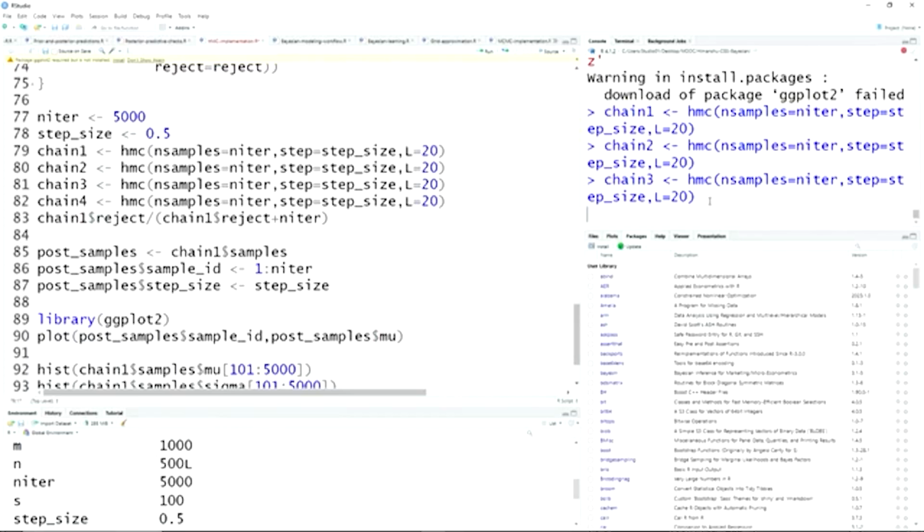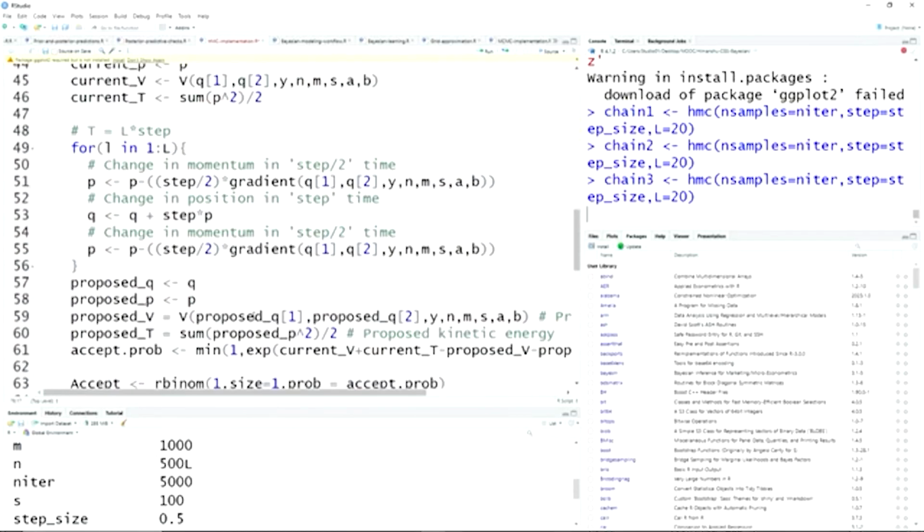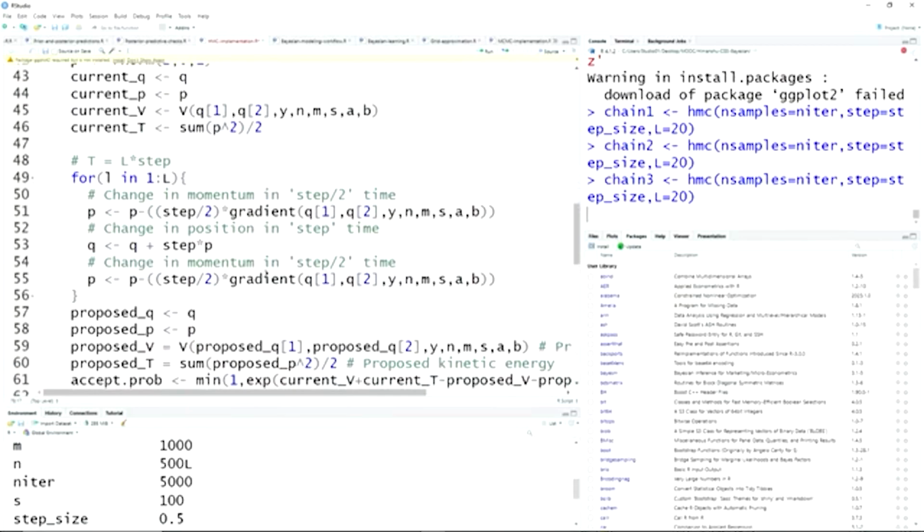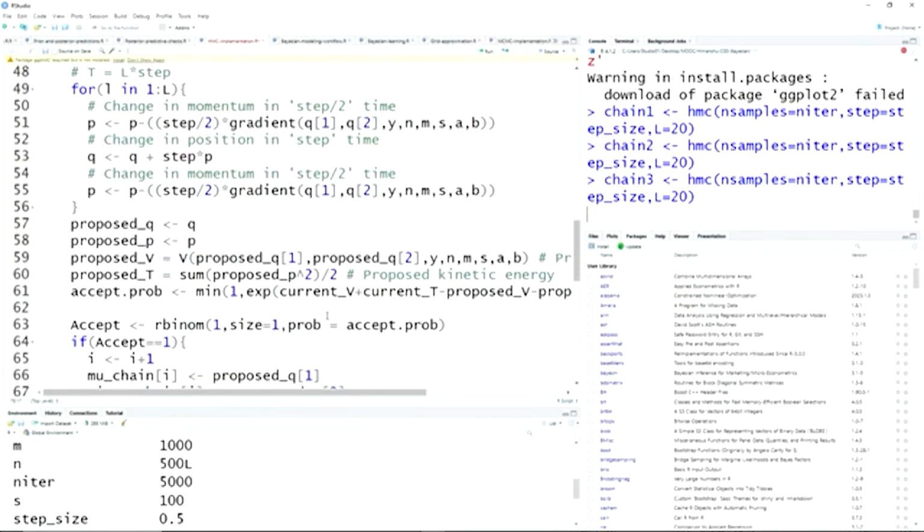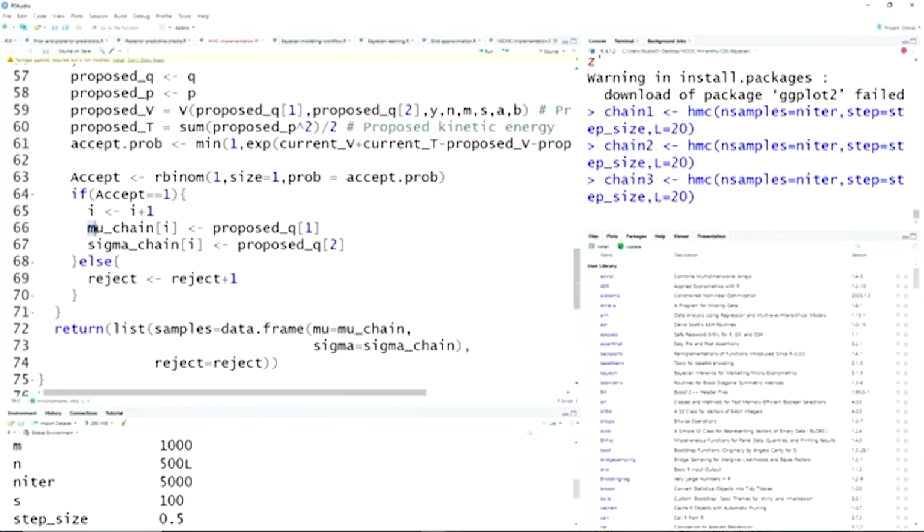It is sometimes getting stuck. One possible reason why it might be getting stuck is this: the parameters that we have are mu and sigma. Sigma is the standard deviation parameter. It has a constraint that it cannot be less than 0.